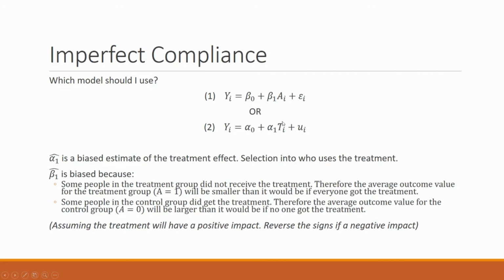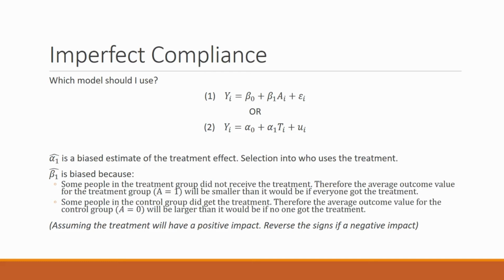The relationship between the treatment variable and y. We'll get an estimate of alpha 1, alpha 1 hat. But we know that it will be biased because the treatment variable is not randomly assigned. It will have omitted variable bias. So that's not a good option. We shouldn't use that variable.